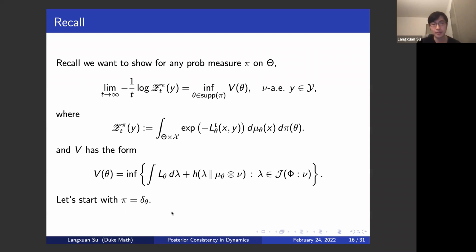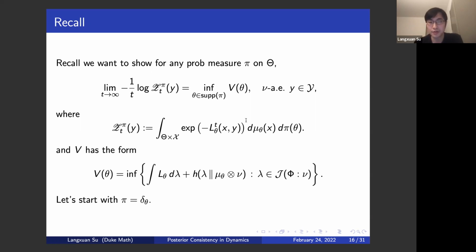Okay, so actually the key step is we can start with pi equal to some Dirac delta on a single parameter. What we need to prove is for any probability measure on theta, but we can start with the single Dirac delta. In this case, the right-hand side reduces to just V of theta, because the support of the Dirac delta is only one single point.